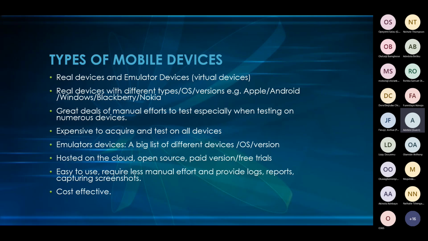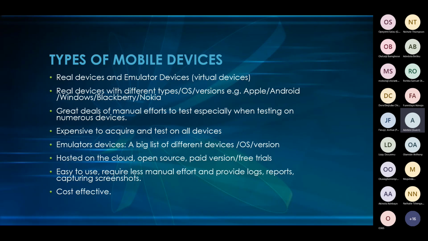And also there are expenses to acquire and test on all devices. This is basically for real devices, because like I said earlier, you can't have all your devices. Maybe you now ask your company to buy all the devices, which is not possible. So that is why we need to know the types of mobile devices we have there and their usefulness.